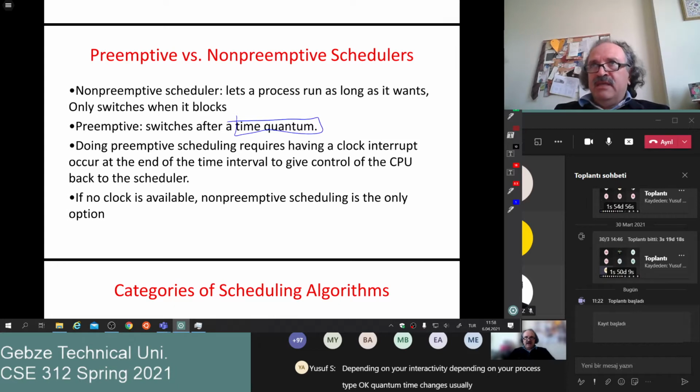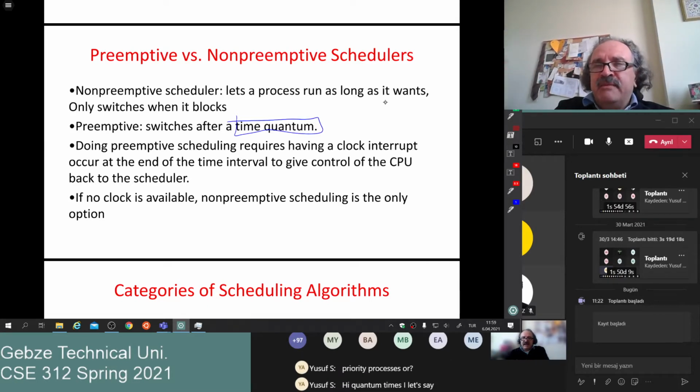Usually, okay, question again. Let's say you have priorities for your processes. You know that high priority processes are run first. If they are ready, they have to run. Would you assign low quantum times for the high priority processes or high quantum times? Let's say I have two process types, high priorities and low priorities.